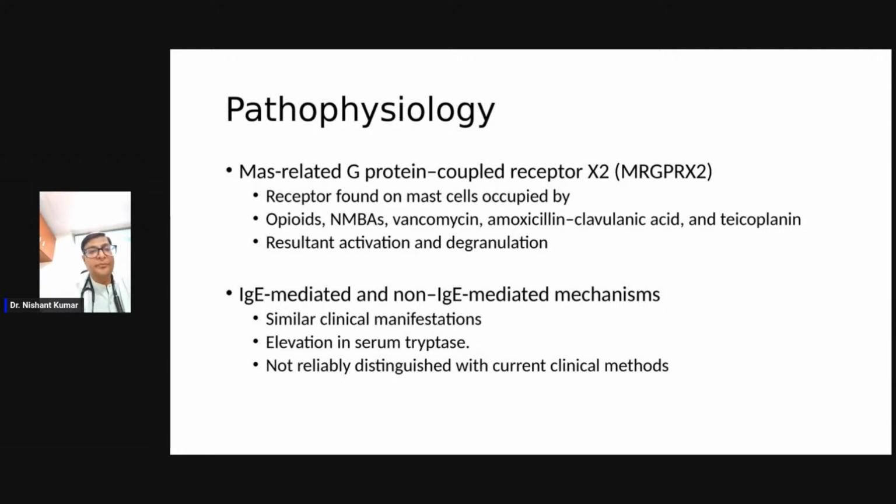We can also have IgE mediated and non-IgE mediated mechanisms, which have similar pathophysiology and activation of mast cells, and which cannot be reliably distinguished with clinical methods. That means you cannot distinguish clinically whether it is because of an IgE mediated or non-IgE mediated mechanism. Next, please.